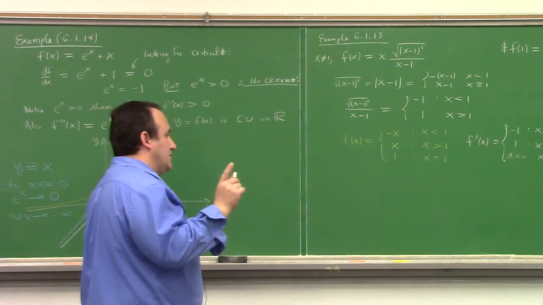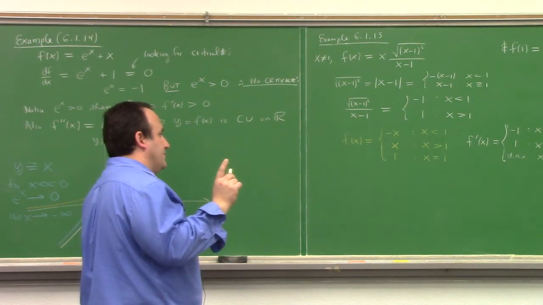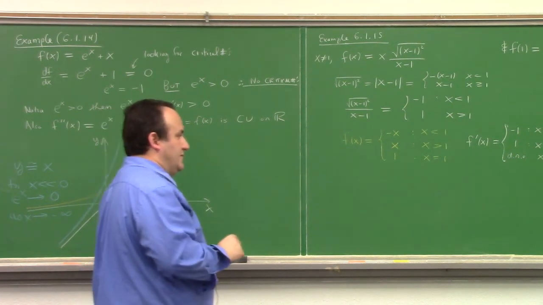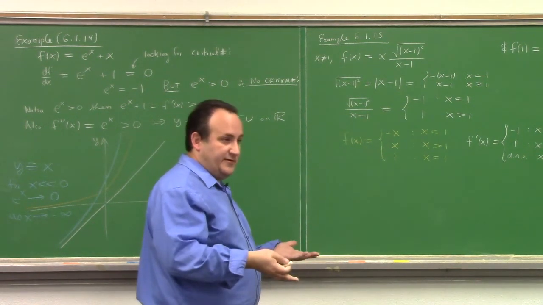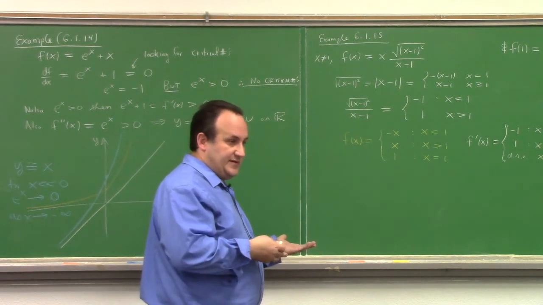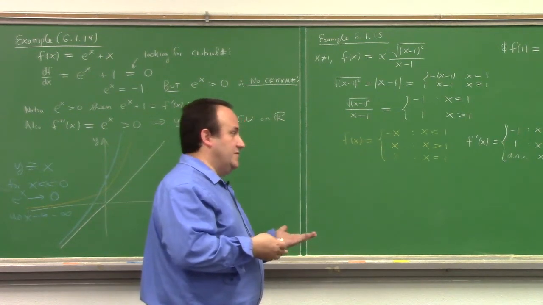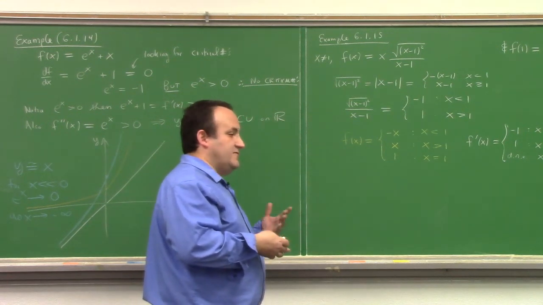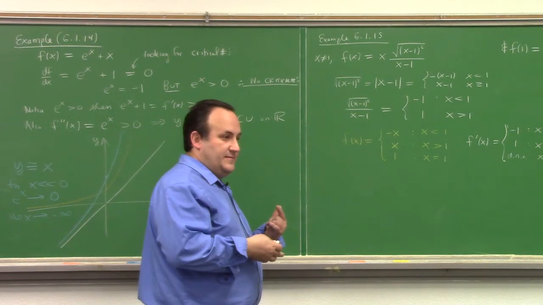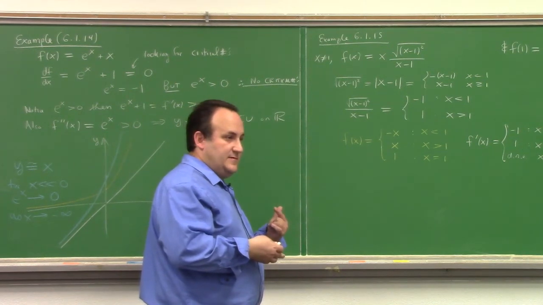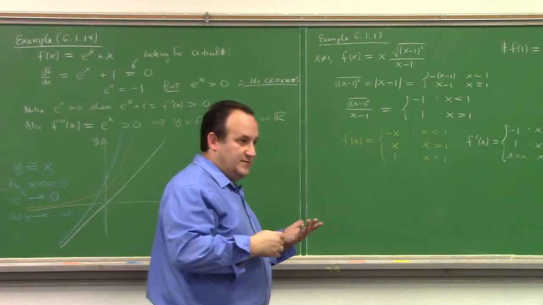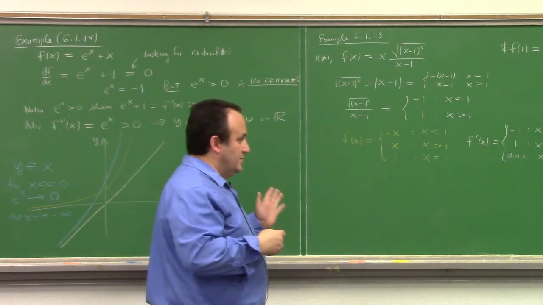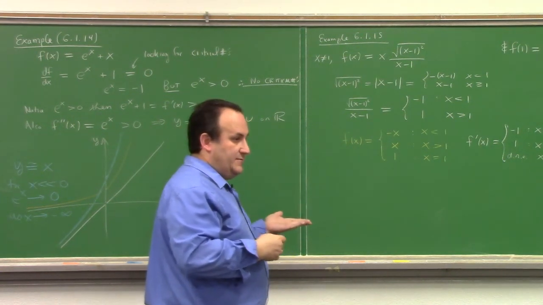Is 1 a critical number? Well then, yes, 1 would be a critical number, right? Because it's a place where the derivative does not exist. Is 1 a place where the derivative changes sign? Yeah, the derivative changes sign from minus 1 to plus 1 as you go from before to after 1, right?